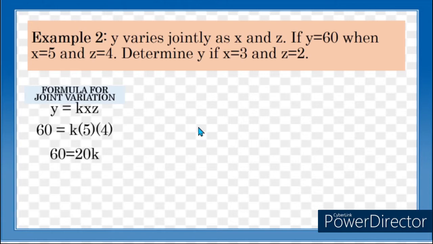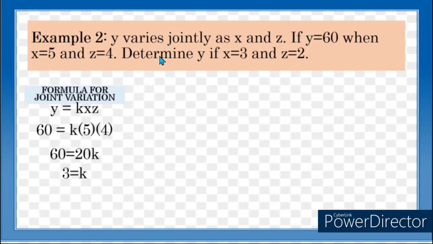Next step, in order for us to determine the value of k, or the value of the constant, we need to divide both sides by 20. So we have 60 divided by 20 is equal to 3. So that is the value of the constant of the variation. Okay, so now let's proceed.